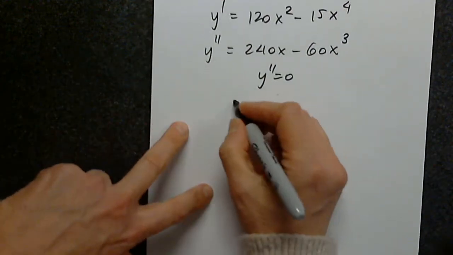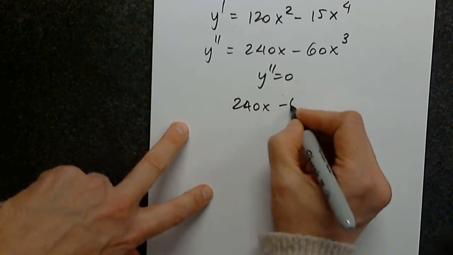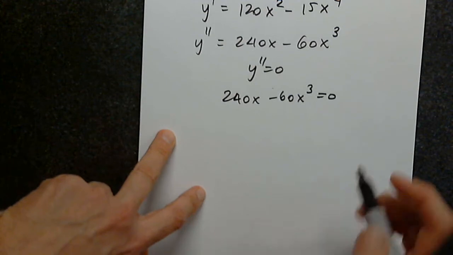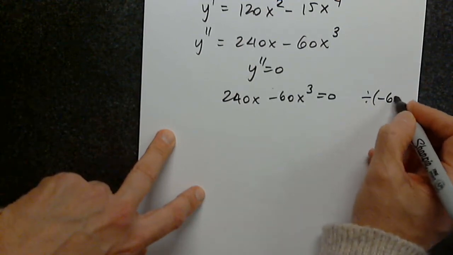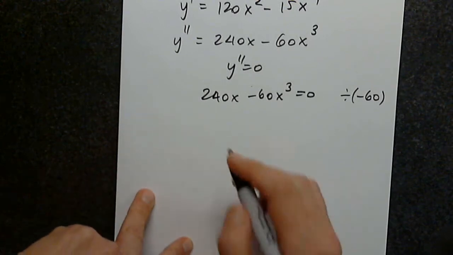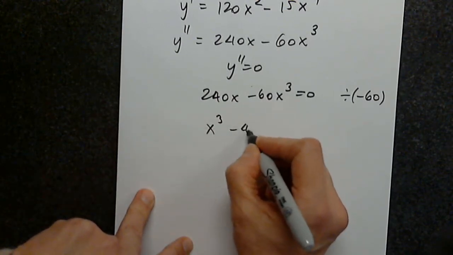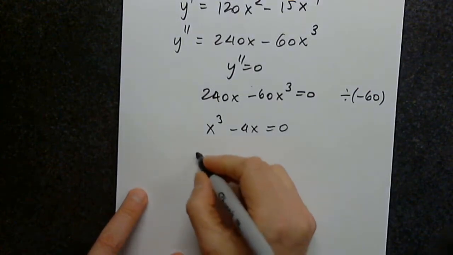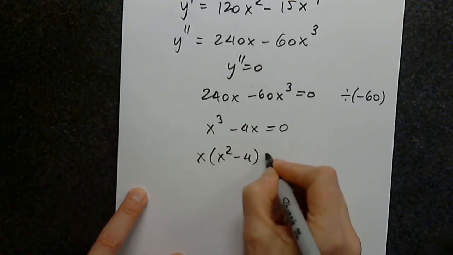Okay, so then I have 240x minus 60x cubed equals 0. I will definitely divide by negative 60. I want it out of there. So then I have x cubed minus 4x equals 0. And yes, I will factor out x, and I get x squared minus 4.